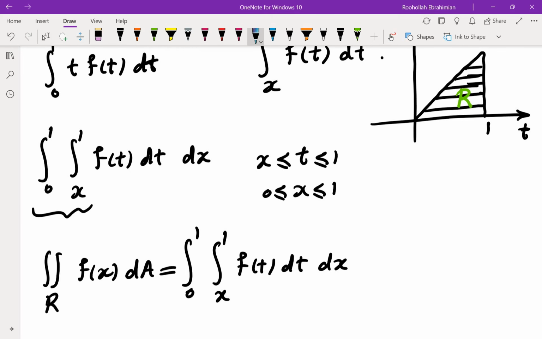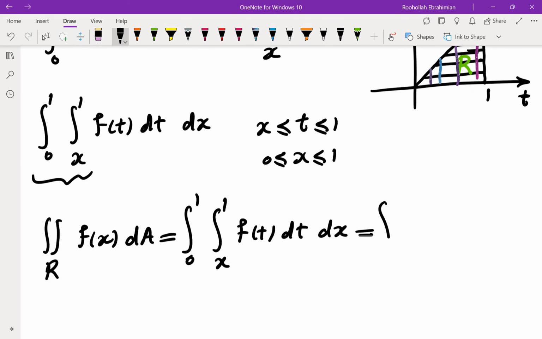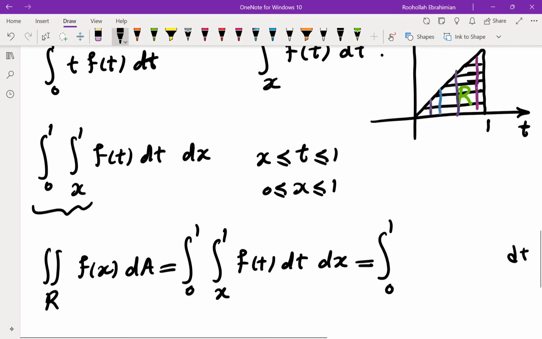Now if you look at this one as a vertically simple region, which we can do by Fubini's theorem, we can write this down as the integral from 0 to 1 dt, t goes from 0 to 1, and then x goes from the bottom, which is 0, to the top, which is t. So this is 0 to t of f of t dx this time.